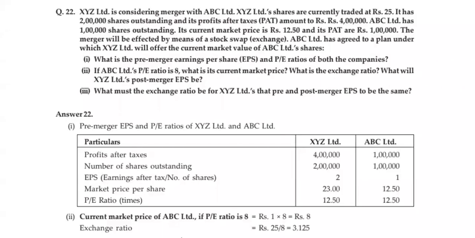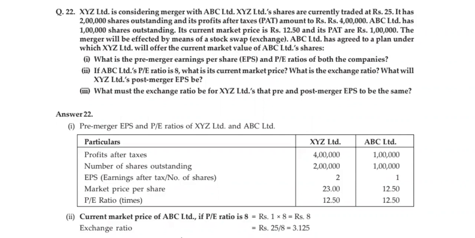So the first point we need to calculate is the pre-merger earnings per share and PE ratio of both the companies. Second point is, if ABC Limited's PE ratio is 8, what is the current market price, and what is the exchange ratio?